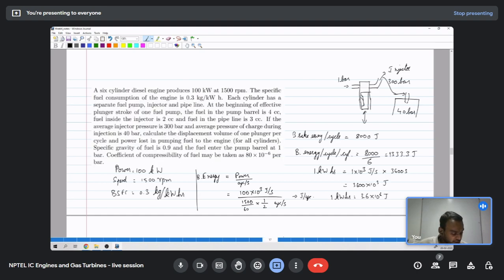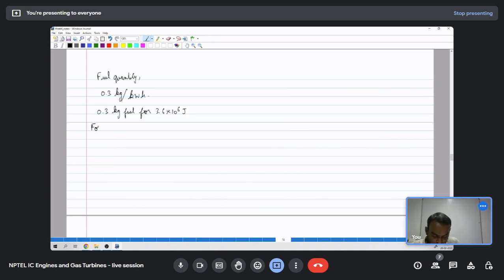But for every cycle we would get only 1333.3 joules. So for 1333.3 joules of brake energy, how many kg do we need, right?